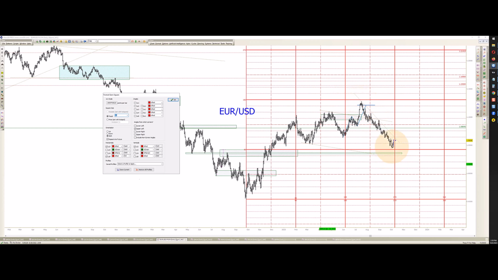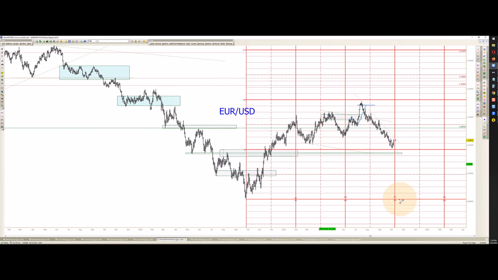Some kind of a larger correction wouldn't be out of the question. Have you noticed how we're getting these in a lot of different things? It looks like we finished that leg, and now we're turning into some kind of a correction. What we know for sure is this leg might be done by now. We talked about that last week: we're getting close because these trends start to run a little long in the tooth, and you've got to be careful.